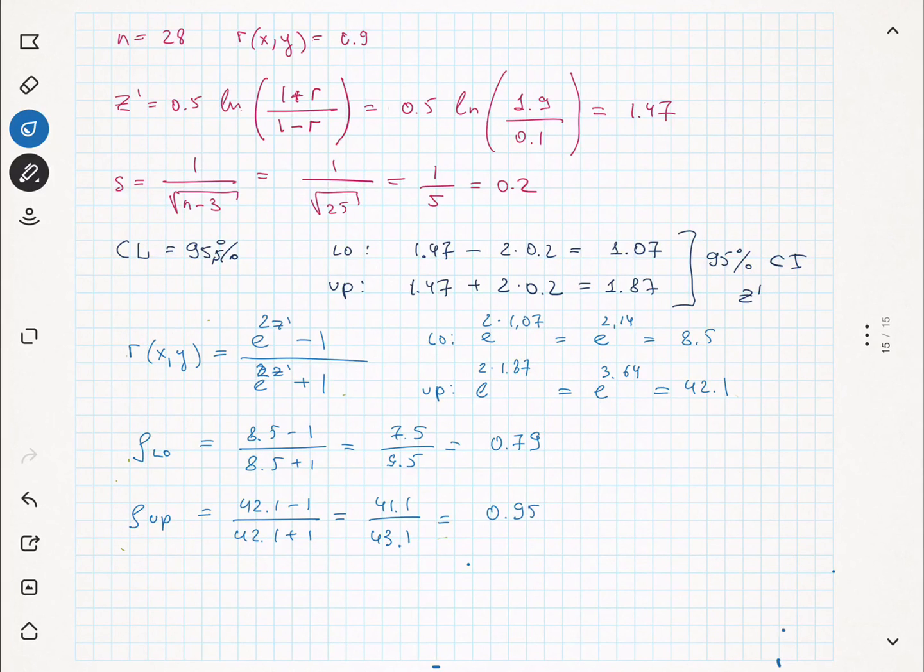So this is our confidence interval. With 95.5% confidence, you remember I used 95.5 here, so this is also 95.5%, the correlation between these two variables in the population should lie approximately between 0.79 and 0.95.